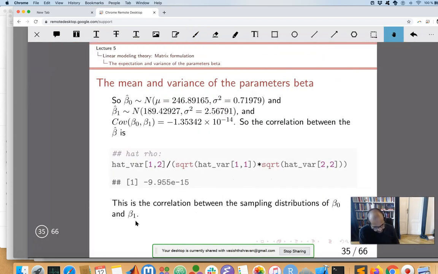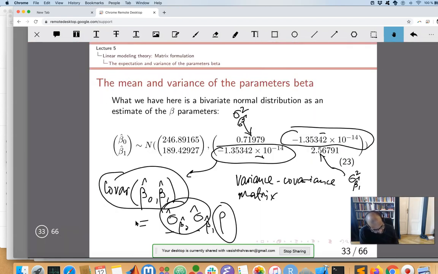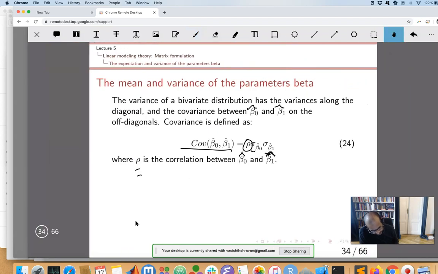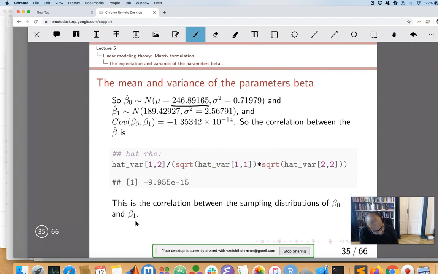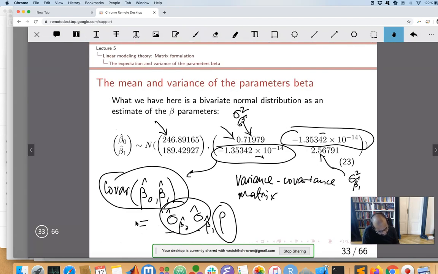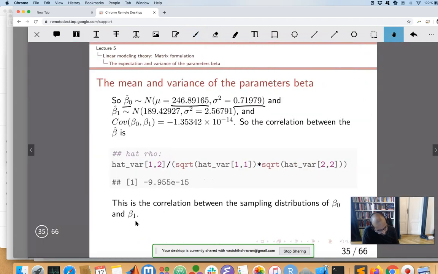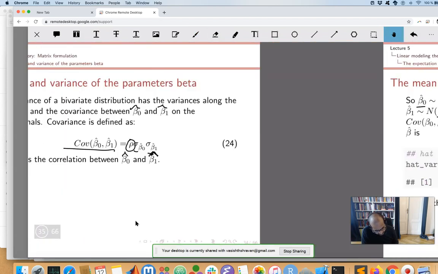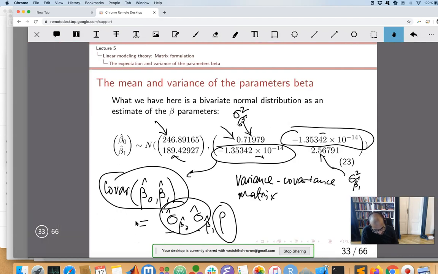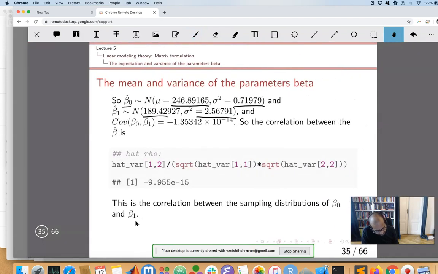So here we go. What these estimates tell us is that the mean for beta 0 hat is 246 and the variance is 0.71. So that's what I've written here. Similarly for beta 1 hat, the mean is this number here, 189, and it's not the standard deviation, it's the variance, sigma squared.